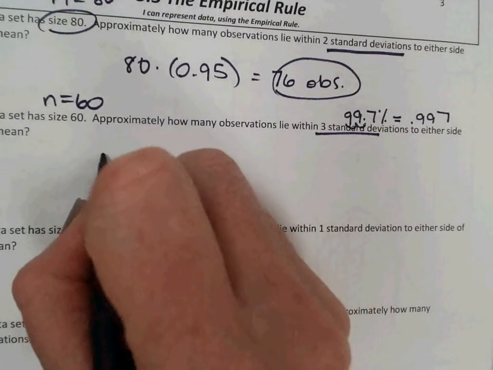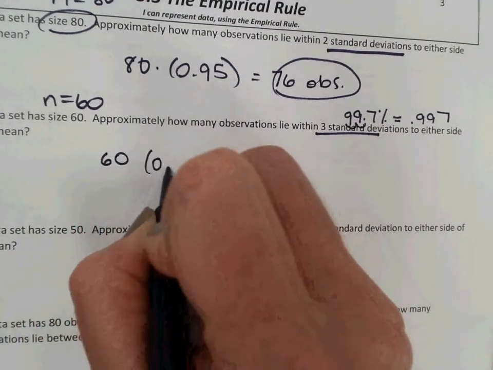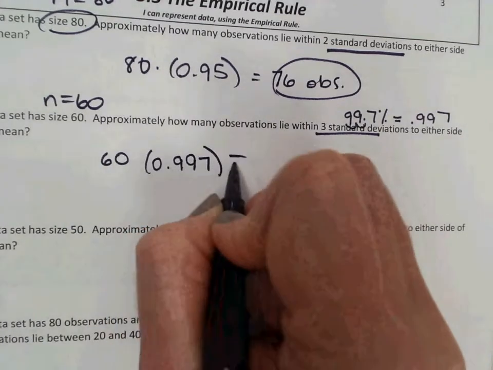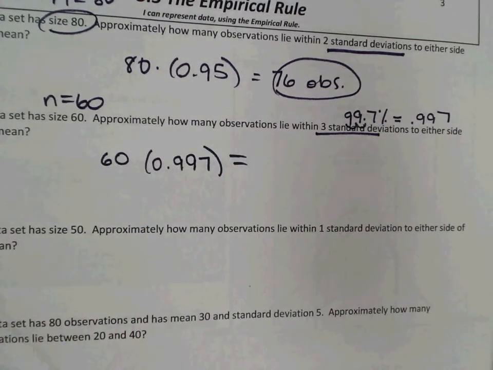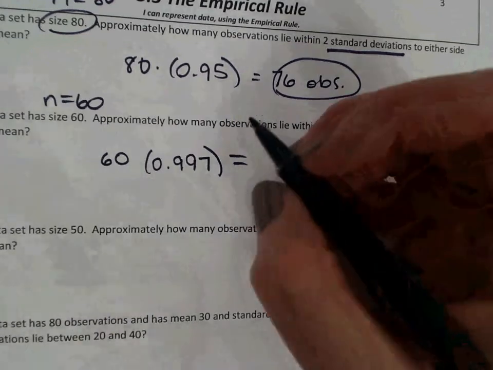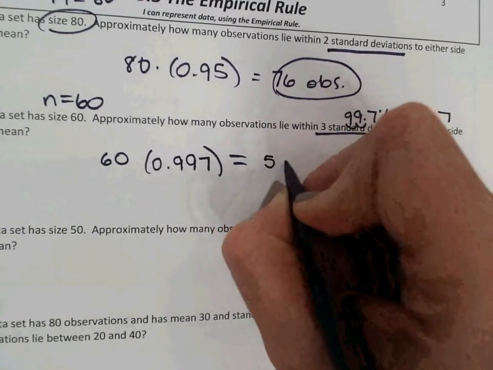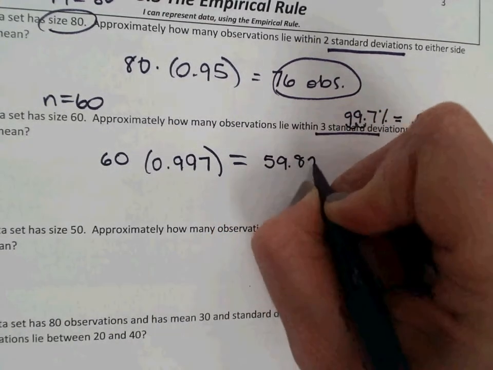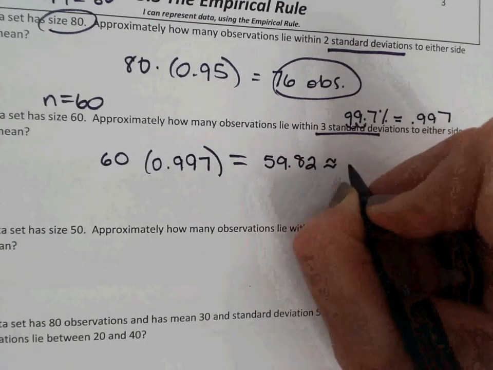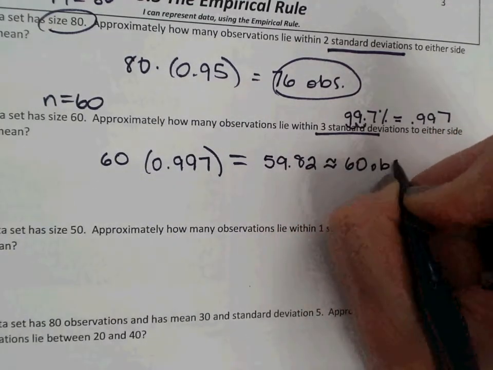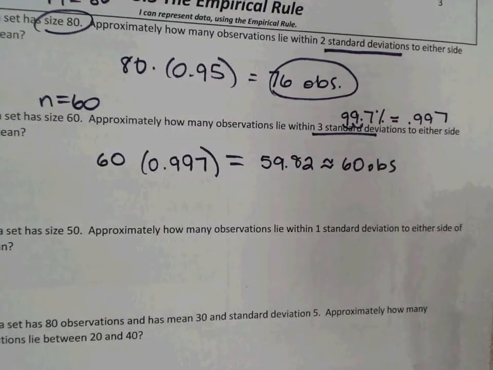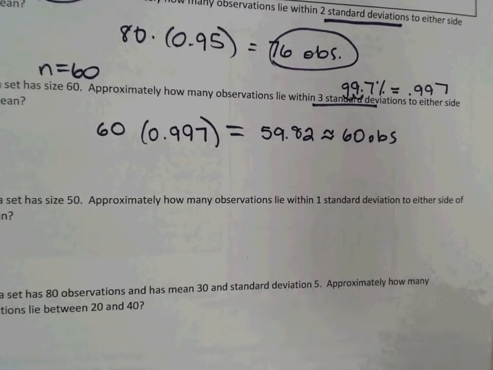So now we're multiplying 60 times 0.997, which is 59.82, approximately 60. Since we're talking about a number of observations, we can't have a decimal, so we'll round.